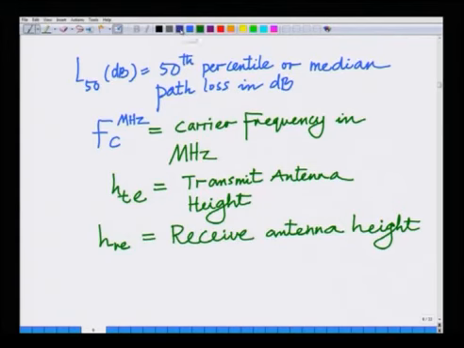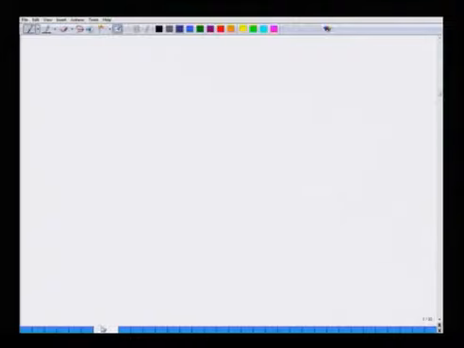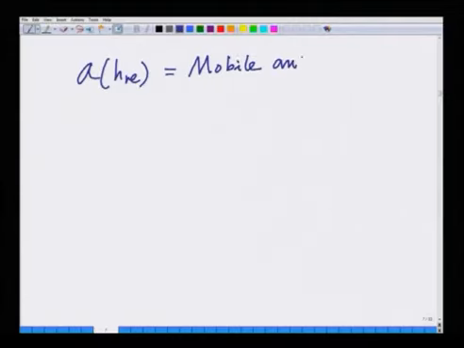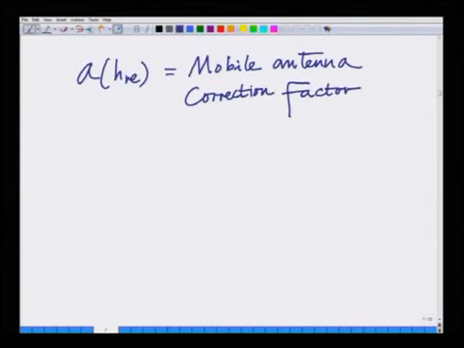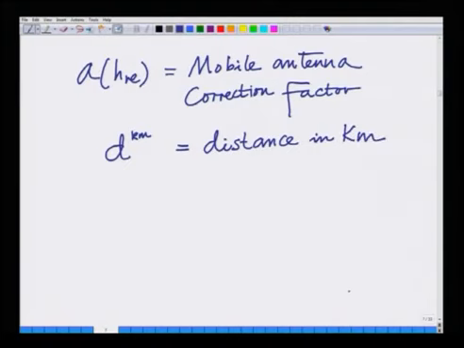The factor AHRE is nothing but the mobile antenna correction factor. d kilometers is the distance, and it has to be given in kilometers.